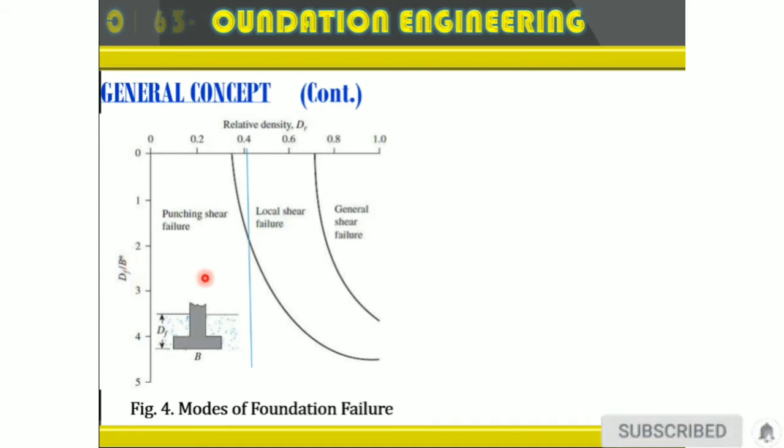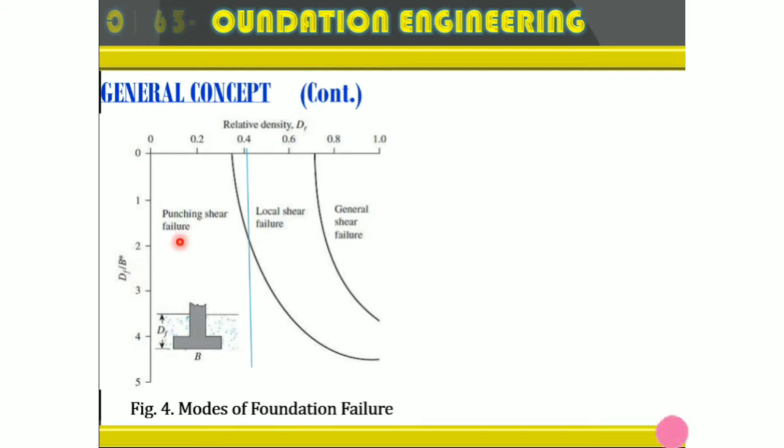Okay, so normally you can get this relative density result in your soil test report, and if you have that, you can use this x-axis and extend a line so that you can determine the ratio of your Df over B asterisk.